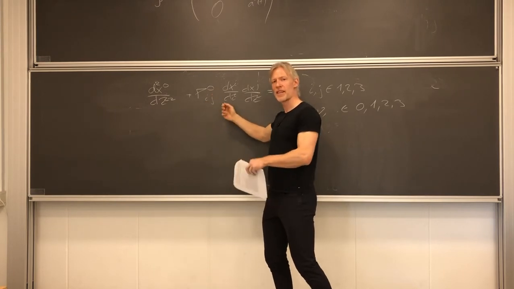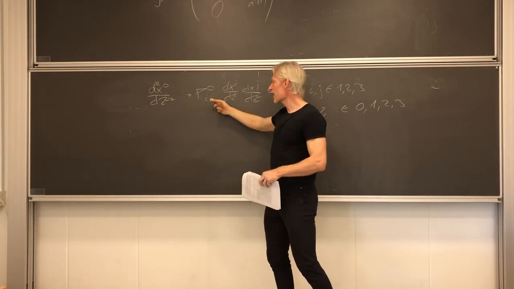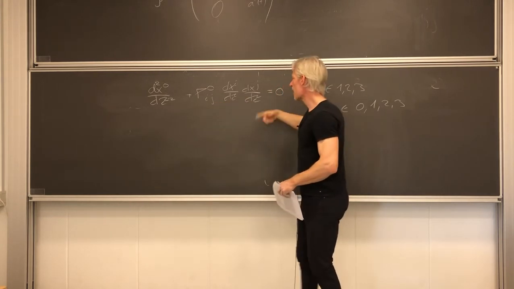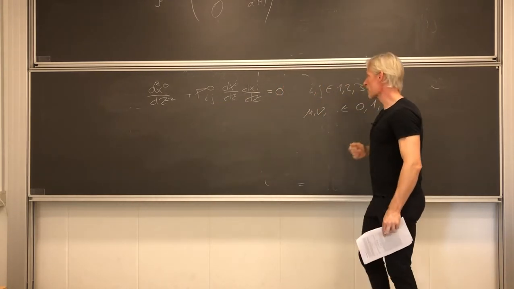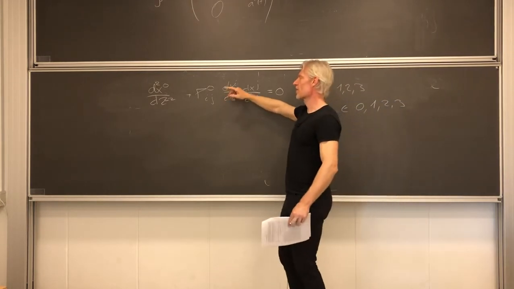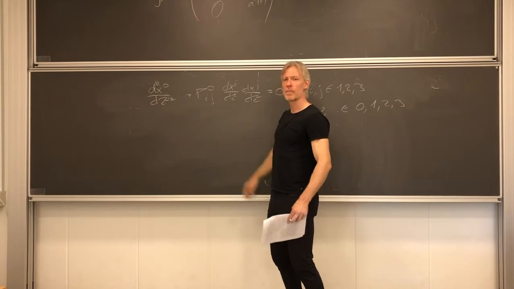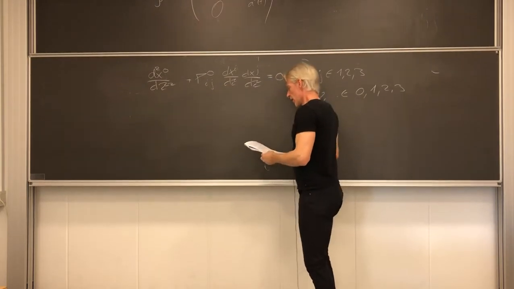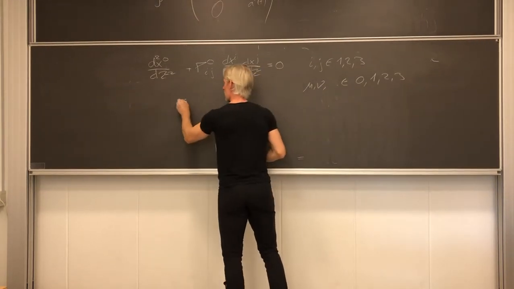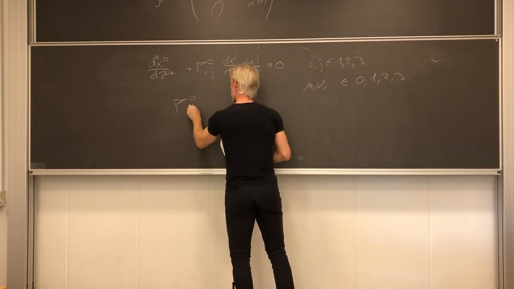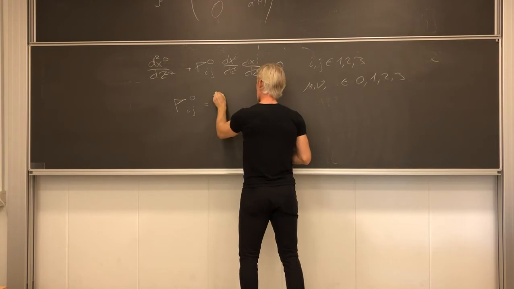So you can show that explicitly, of course, but that means that I only need to take into account the spatial part of the Christoffel symbol, not the time part.